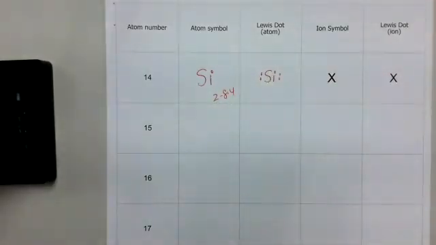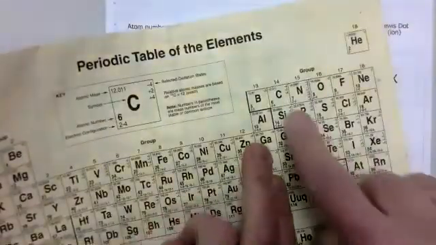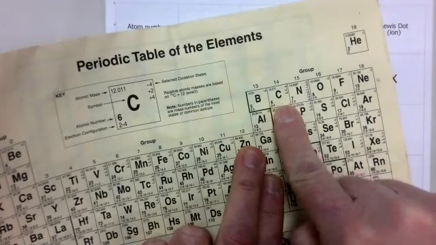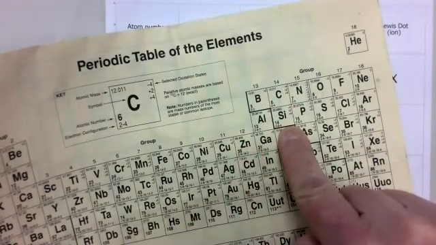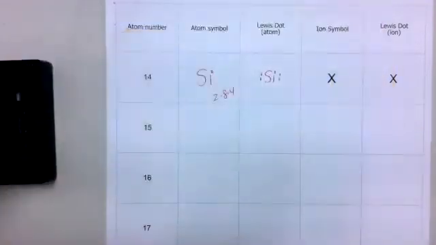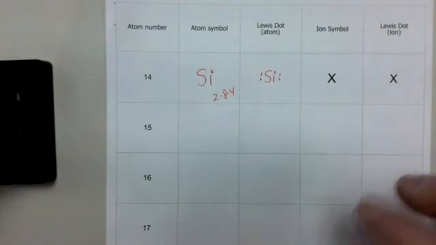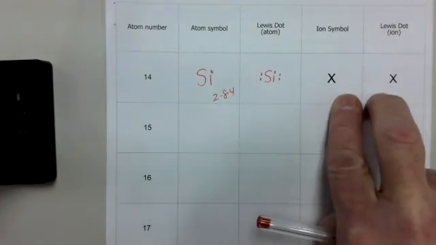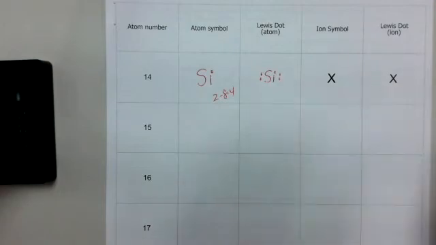Let's take a quick peek at the periodic table. Carbon is here. It's got 4 outer orbital electrons. Look, silicon's right below it. That's why they're in the same group 14. They have the same kind of electron orbitals. They don't make ions in our class, okay?